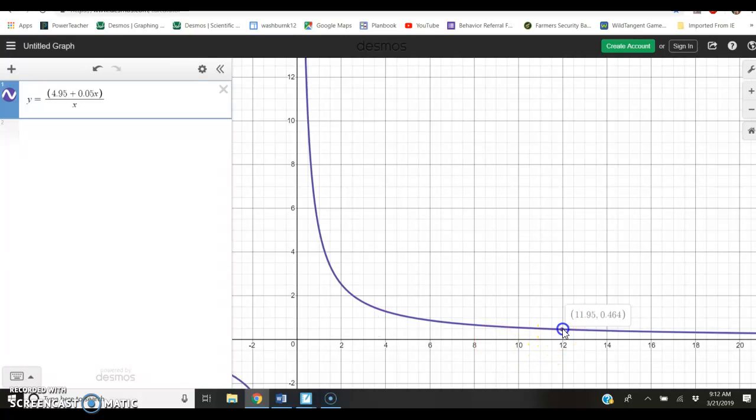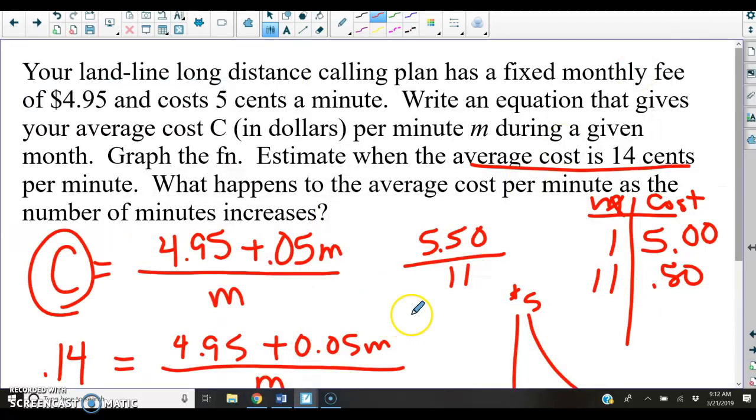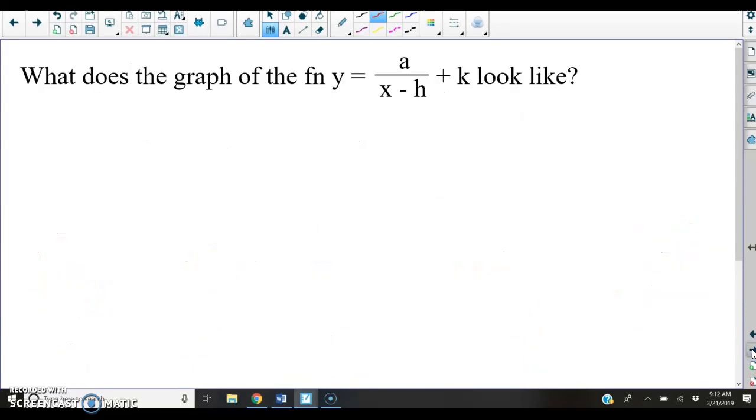Over here, 12 minutes, it's now 46 cents per call. When we're at 18, it is now 32 cents per call. Alrighty, so that reflects what we had already kind of guessed. The more minutes you use it, the cheaper it is per minute. Doesn't mean it's cheaper for you to pay for it, it's just cheaper per minute.